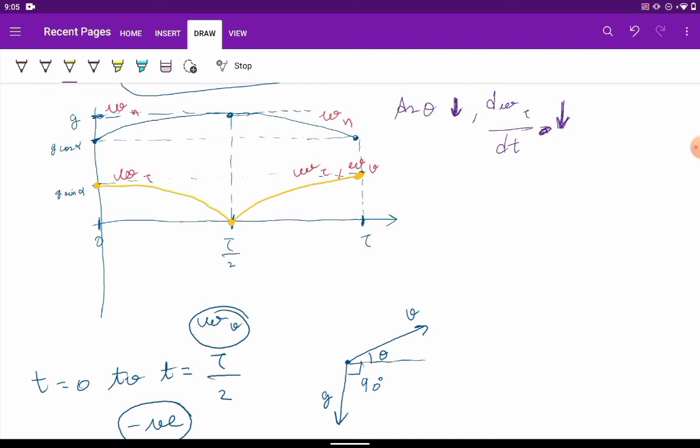I'm using the same color, but it will be a reflection, and obviously this value here will be negative g sin alpha, and yeah, this becomes wv. There you go. This is the rough plot for the normal acceleration, tangential acceleration moduli, as well as the component of the acceleration vector along the velocity vector.